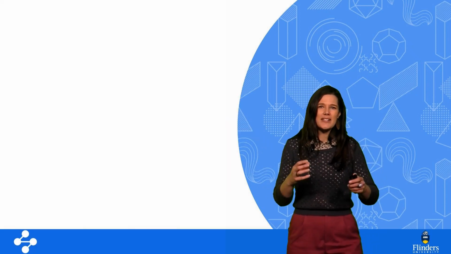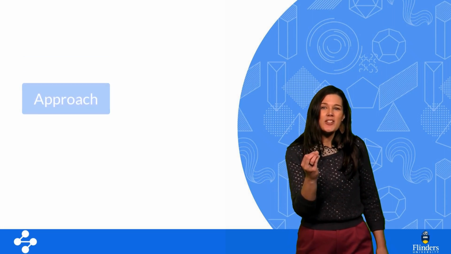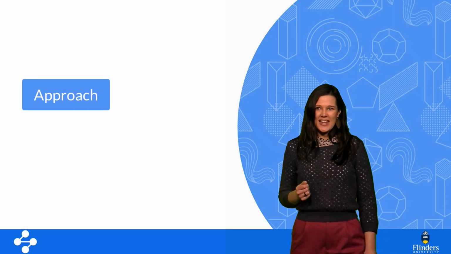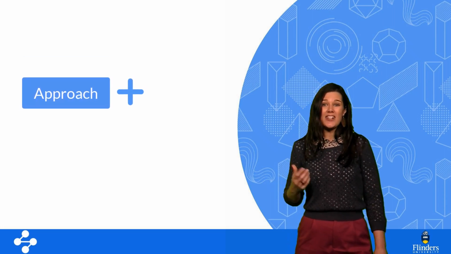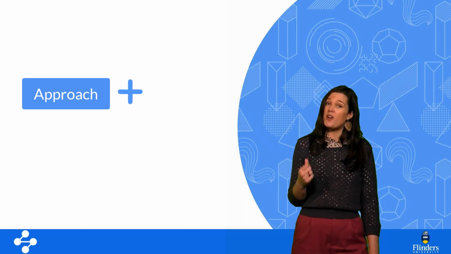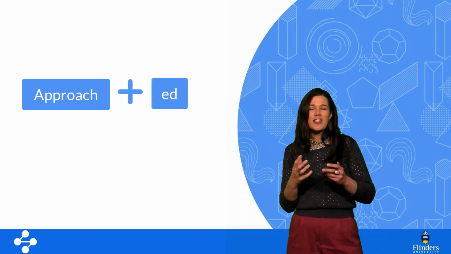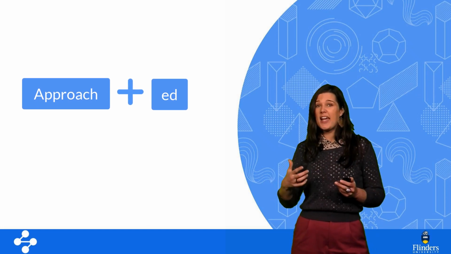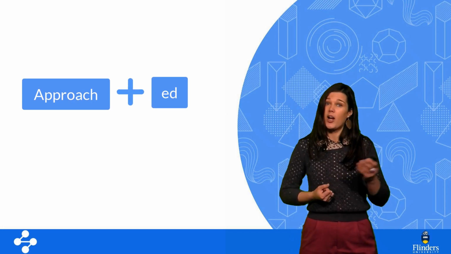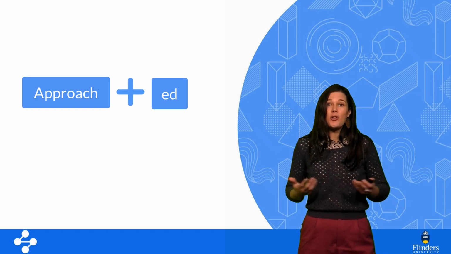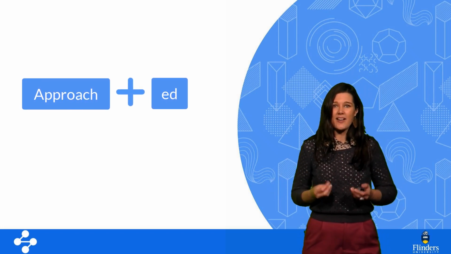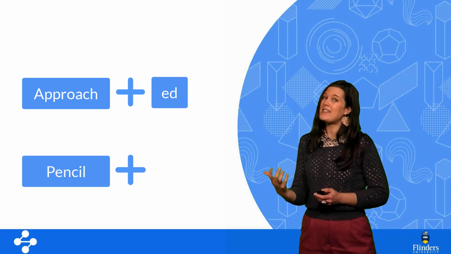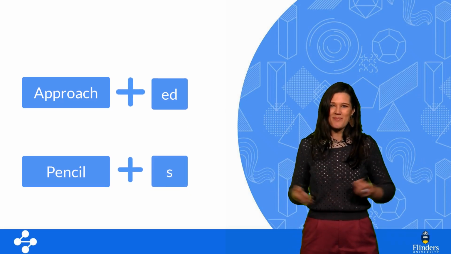So our word families are made up of that root, something to which we add an affix. Now, an affix is something that we add to a word. We do this firstly to change a feature of the grammar, such as changing the tense of a verb, say from approach to approached, or to make something like a singular noun a plural, so from pencil to pencils.